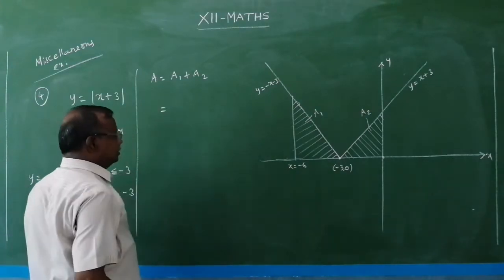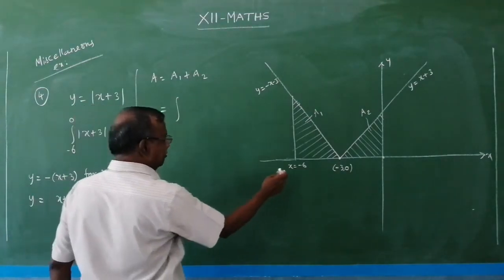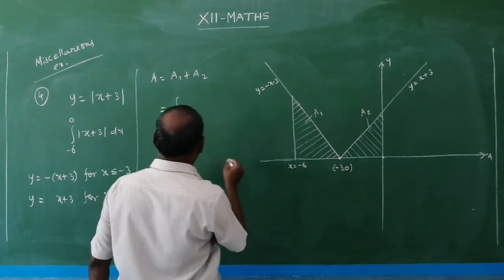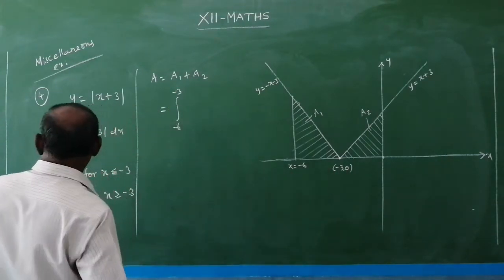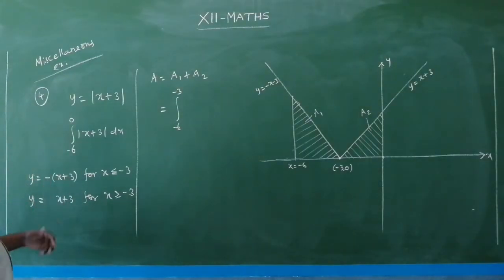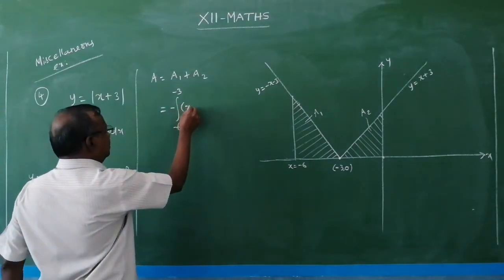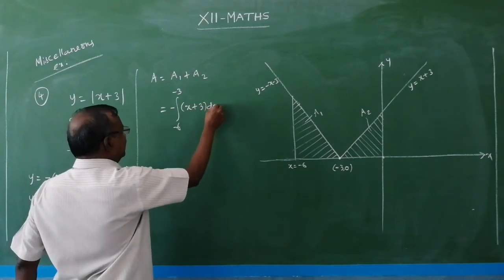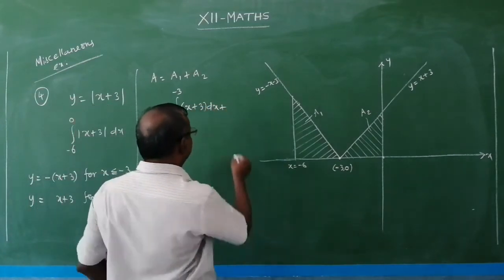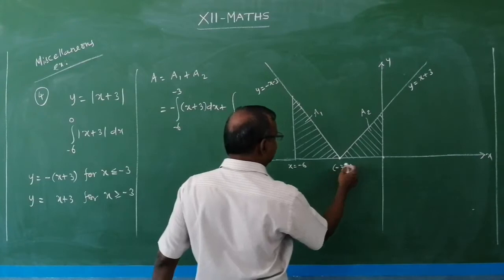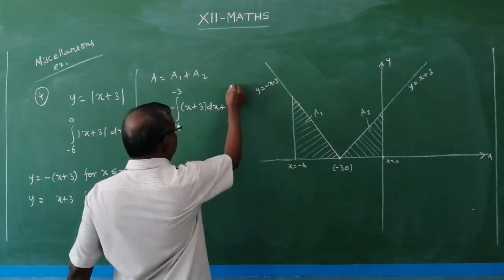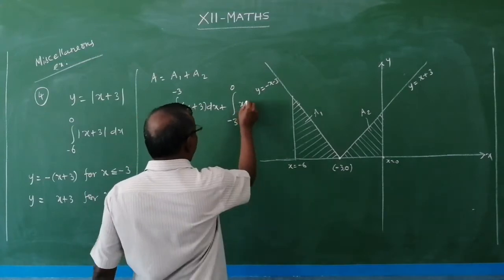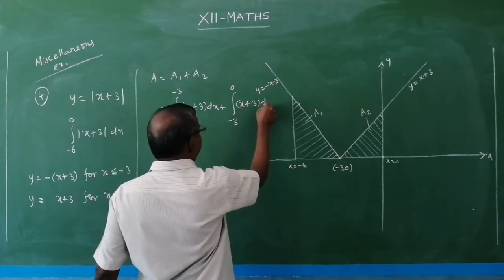A1 equal to integral from minus 6 to minus 3, where the function is minus of x plus 3, that is minus of x plus 3 into dx, plus A2 is integral from minus 3 to 0, where it is positive, x plus 3 into dx.